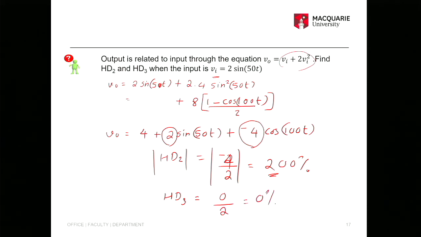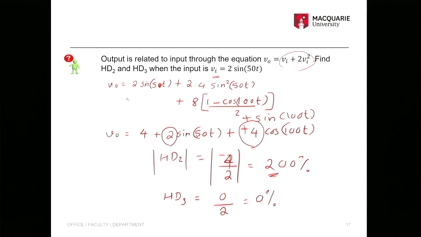Yes? At the end of the initial formula, there will be a sine of 100t. If I add more sine of 100t, what is the HD at this time? So I will have cosine of 100t plus sine of 100t.